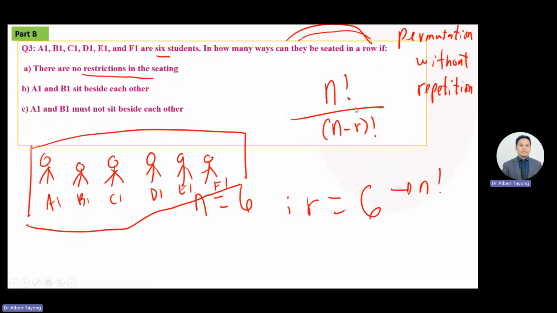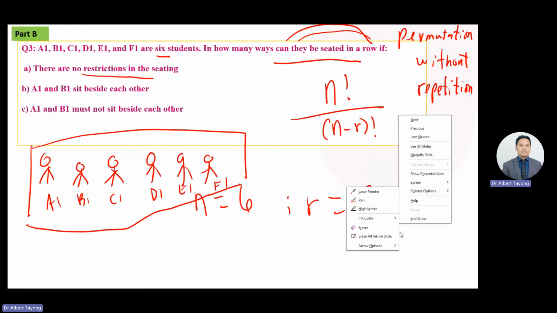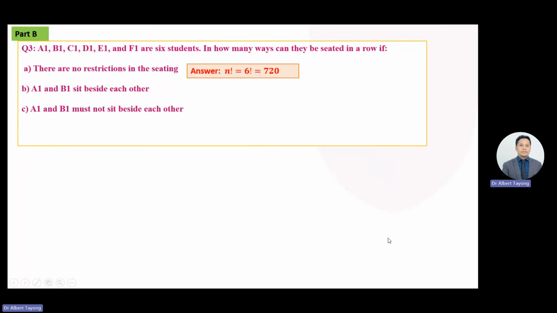And permutation because we are arranging the students, so we care about the order or the position of the students. Since n and r are equal, the answer for A is just n factorial. The 6 factorial equals 720.